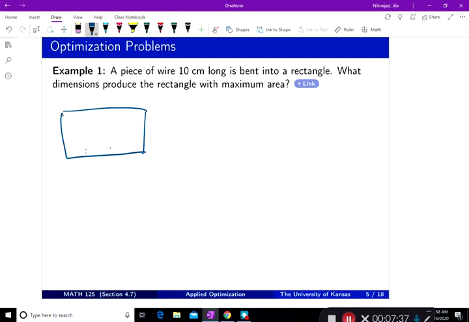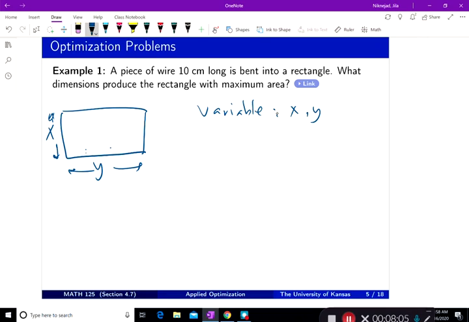Then what are the important parts of the rectangle that we want in this problem? X and Y are the two lengths of the two sides of the rectangle. So the variables that we're using are going to be X and Y, and they are changing, as you saw in the GeoGebra sheet.